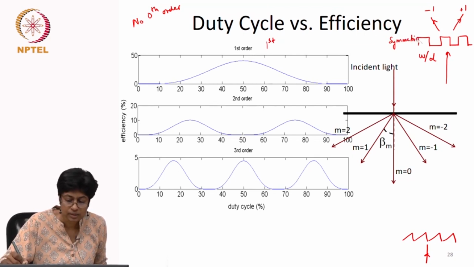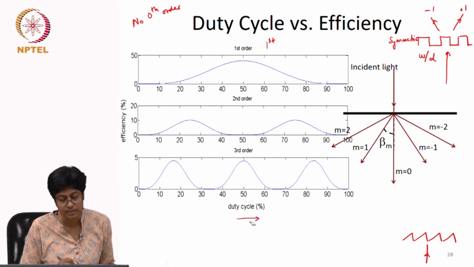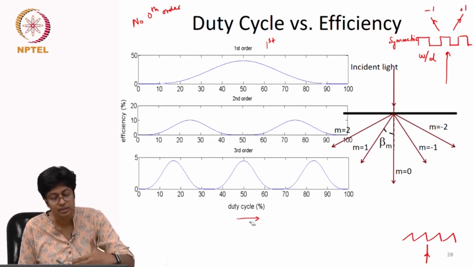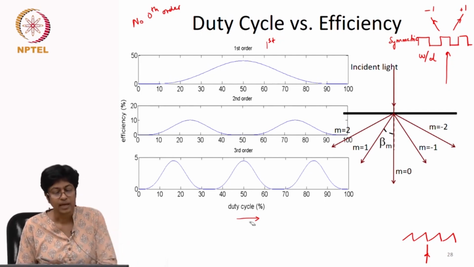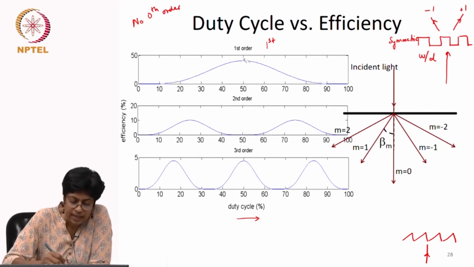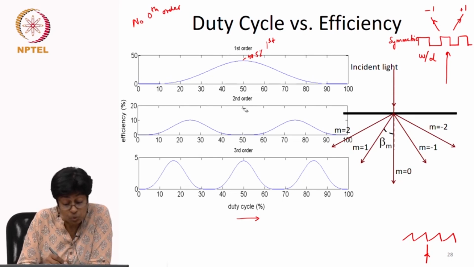Okay? So in this structure, in these graphs, we are varying the duty cycle and looking at the efficiency in the first order, the second order, and the third order. And you can see at the 50%, the first order has about 40, it's actually 40.5% is the efficiency. There is no second order.